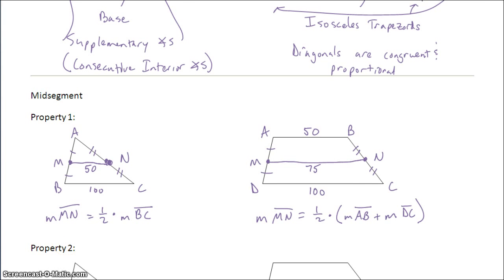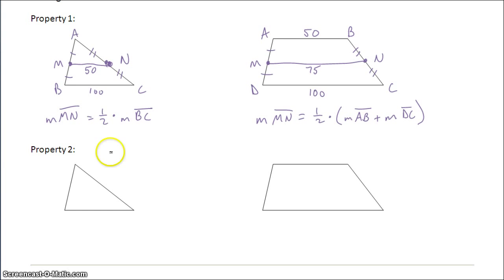The second property of the midsegment, if you remember from the triangle, when we had a midsegment, the midsegment was going to be parallel to the side, which gave us some congruent angles. And those angles were congruent because they were corresponding angles.